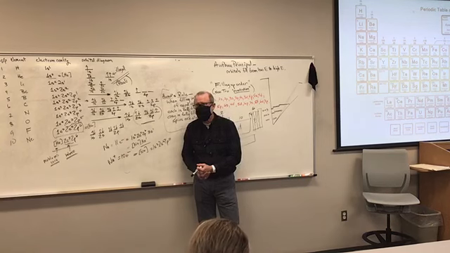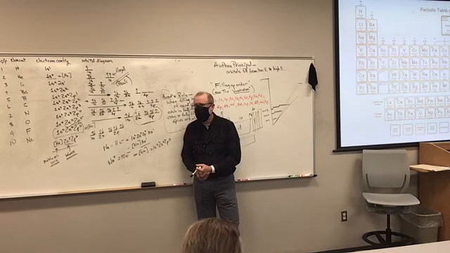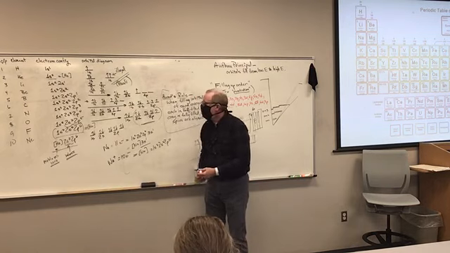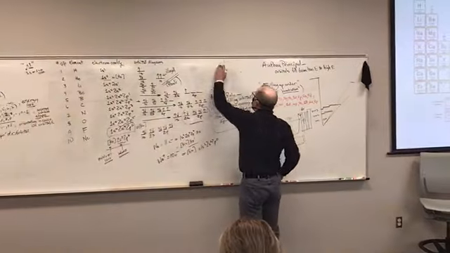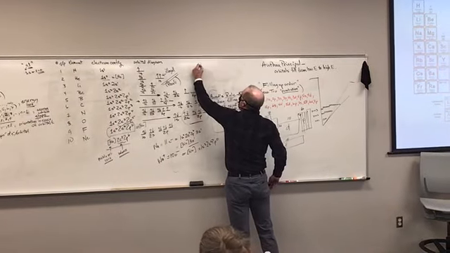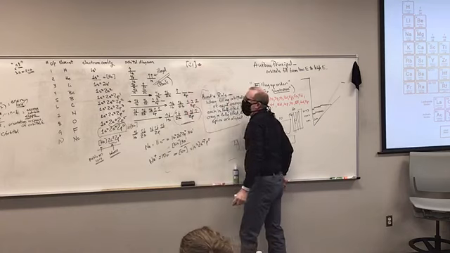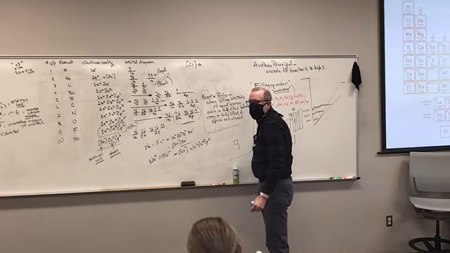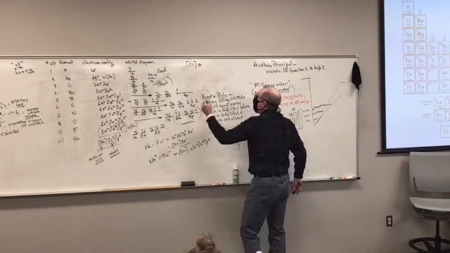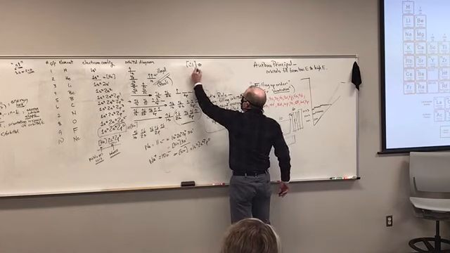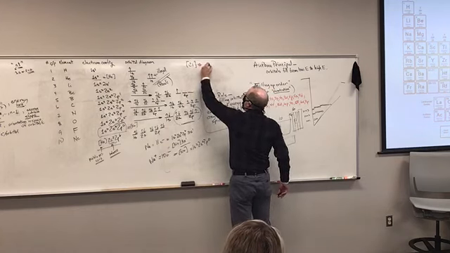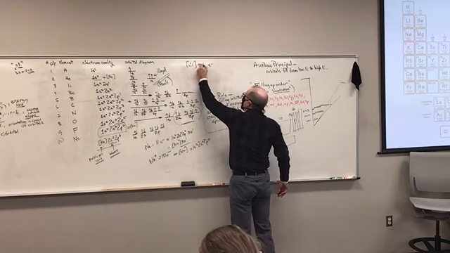As we mix cultures. So for giggles, let's write the electron configuration for chlorine. How many electrons does chlorine have? 17.